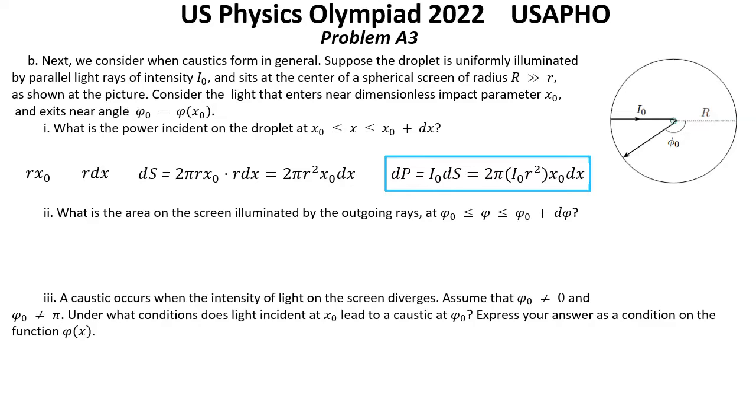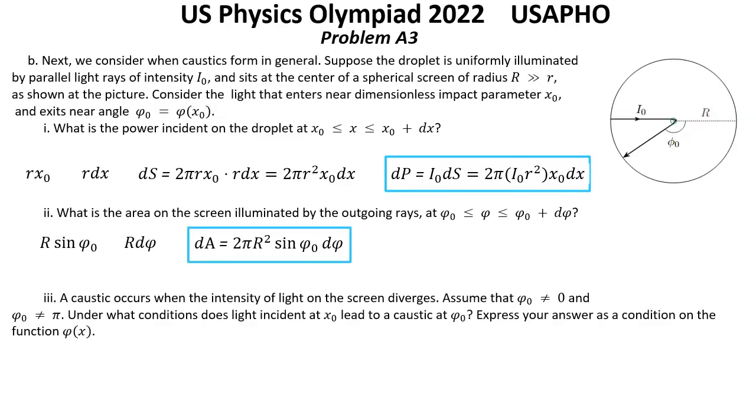By similar reasoning to the previous part, the radius of the illuminated area on the screen is big R sine φ0, and the cross-sectional width is R dφ. So the total area will be 2π R² sine φ0 dφ. That was the solution for the second one.